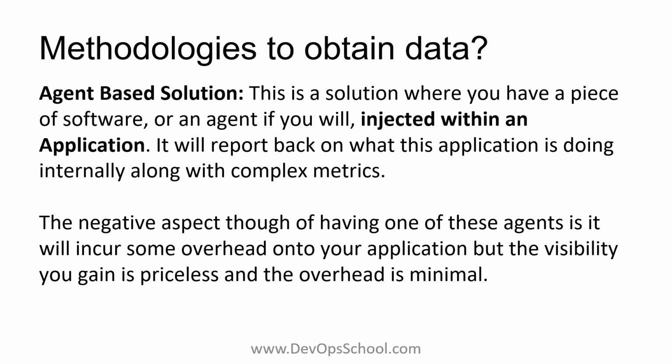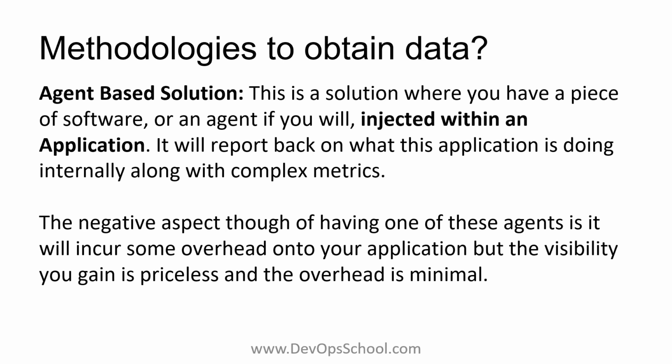Or if it is in Python, let's say you have 10 Python programs and you want to install the agent for APM, so you will have to copy one more Python program in that. So agent here in APM is nothing but code actually. This is the solution where you have a piece of software, an agent if you will, injected within an application.